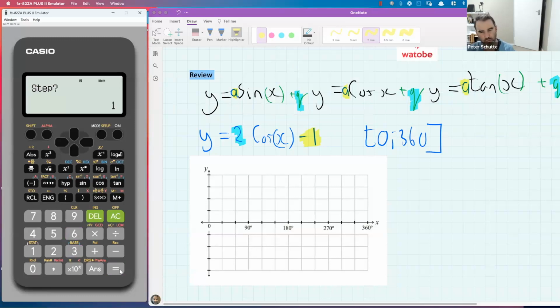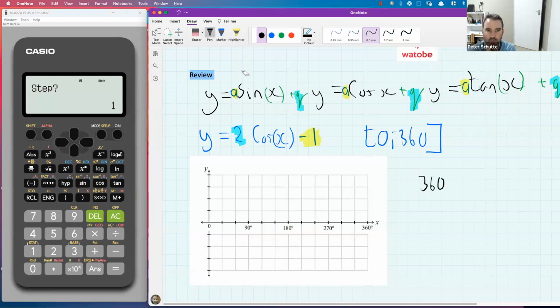Now we get to this thing called the step size. Now, how are we going to do that? So the step size is related to the period of the graph. The period of this graph is 360, but that's not going to be the step size. The step size is generally going to be, for the cos and sine graph, the period divided by 4, which gives you 90.